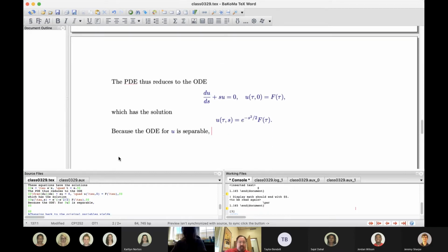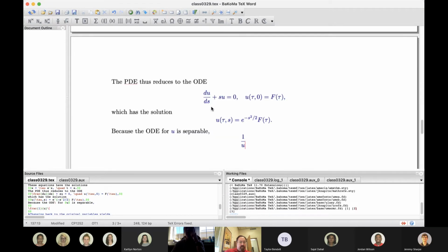What you have is, if I can rearrange this to get u on one side and s on the other side, I get 1 over u du is equal to minus s ds.